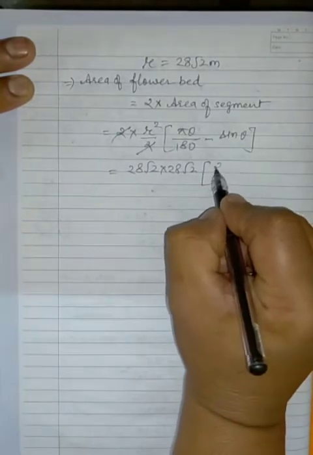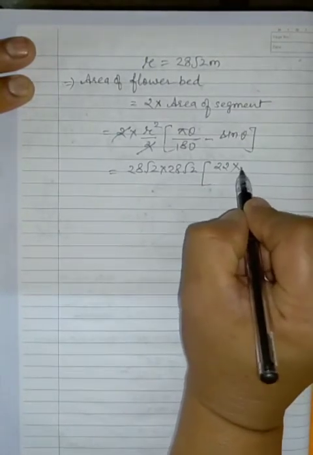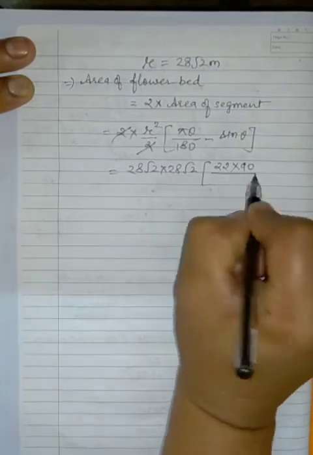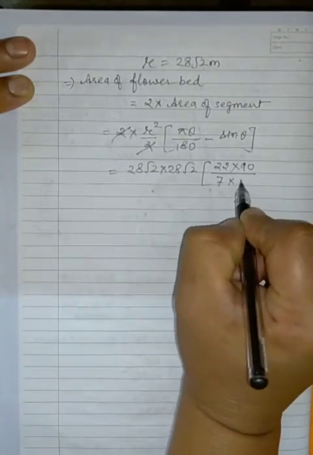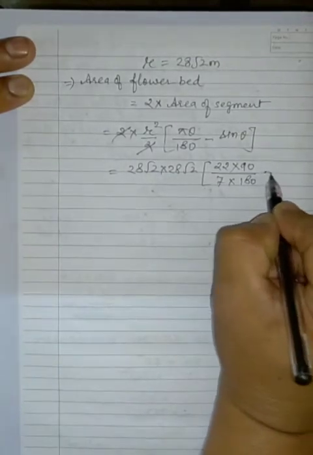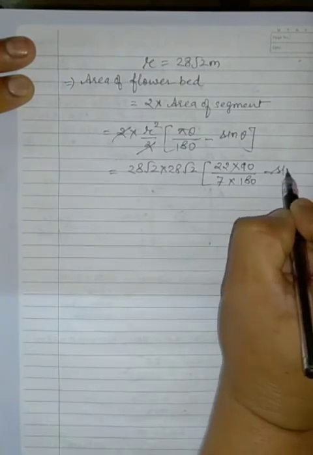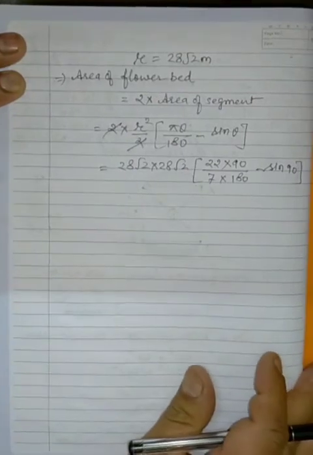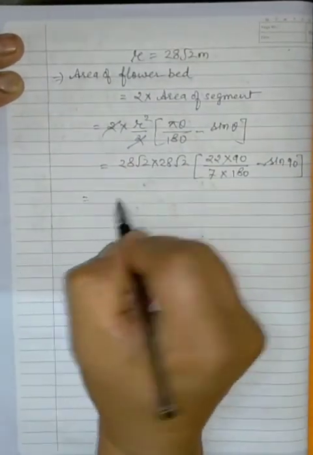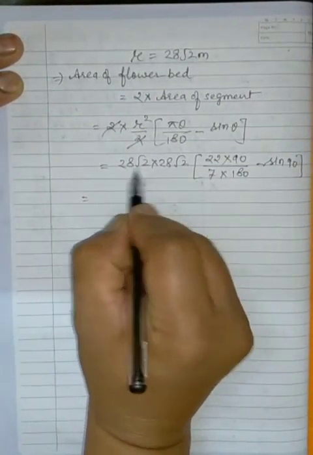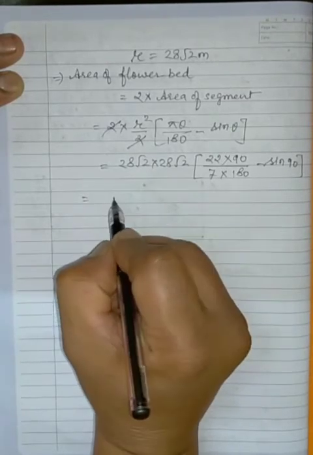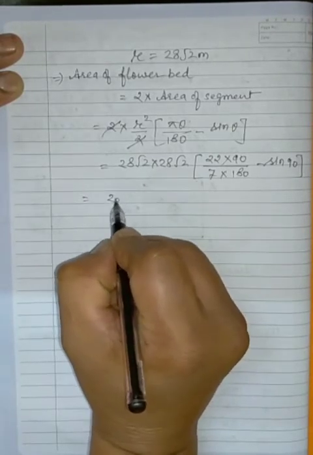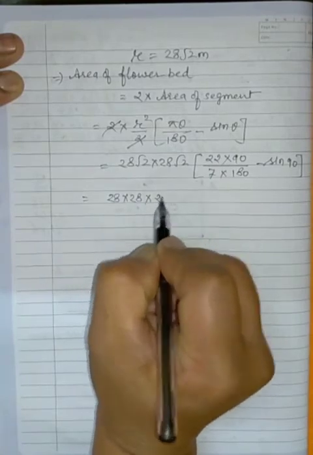The value of pi is 22 upon 7. 22 into theta, which is 90, upon 7 into 180, minus sin 90. Therefore, 28 under root 2 into 28 under root 2 is 28 into 28 into 2.